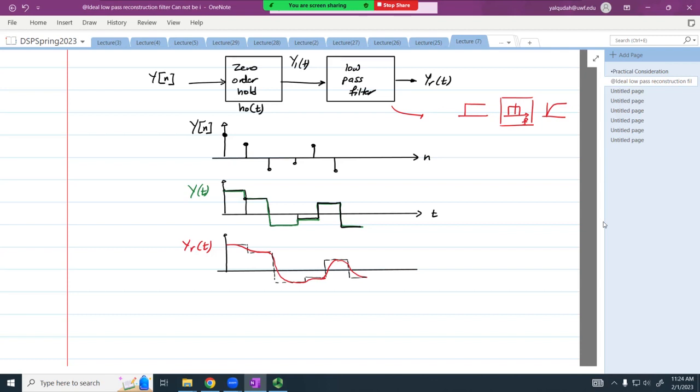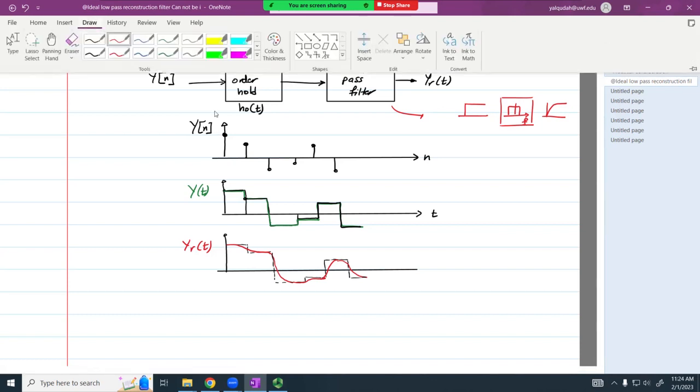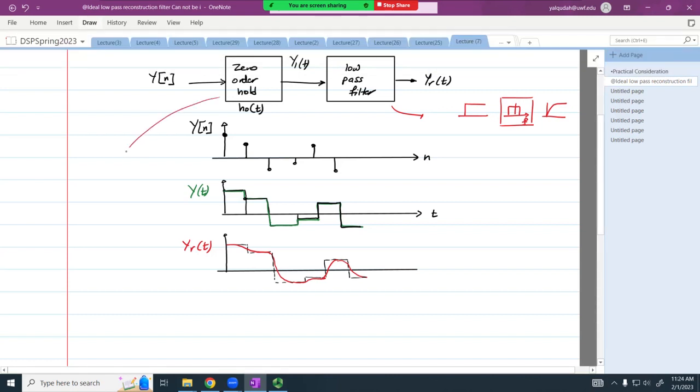Yeah. So the zero order hold is going to have an impulse response h0 of t that looks something like this. 0, this is 1, and this is 10.